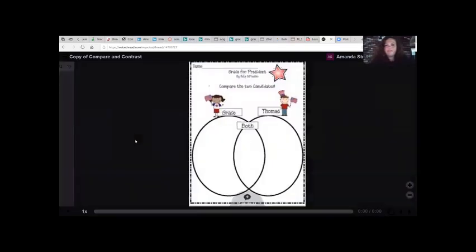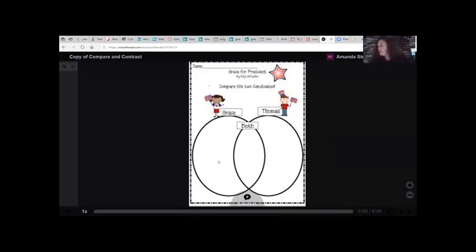And I also have this worksheet added to your Google Classroom. So we are going to be working on this today, and this is going to be turned in today. So you're going to submit it when you're all done. So this is a Venn diagram that we made for Grace for President.